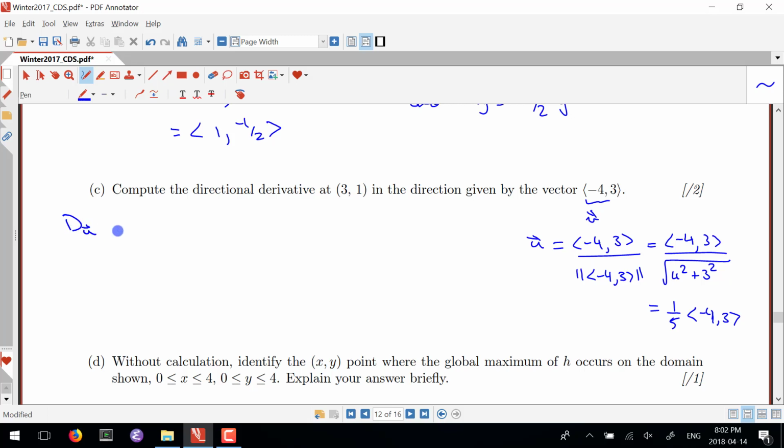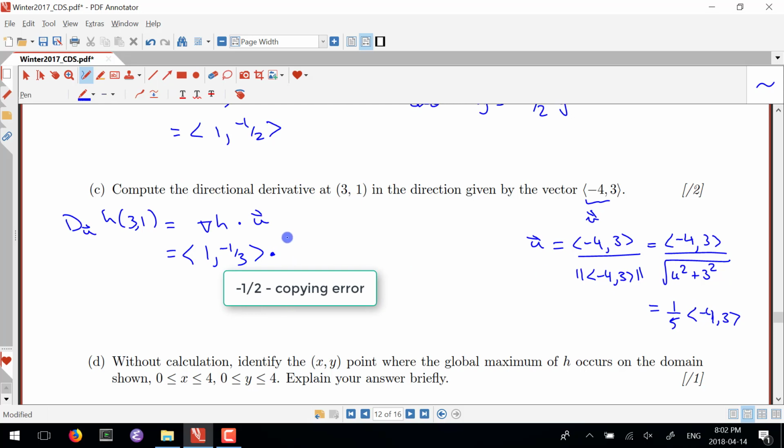What we're actually computing then is the directional derivative of this surface at the point 3, 1 in the direction of u, and that is simply the gradient of h dotted with our u vector. We already found our gradient in the last question. We then take a dot product of that with the 1/5 of negative 4, 3.